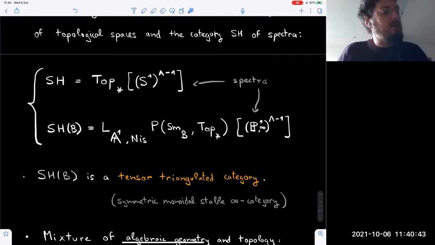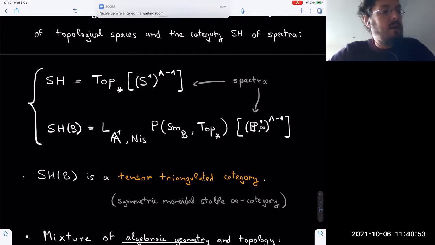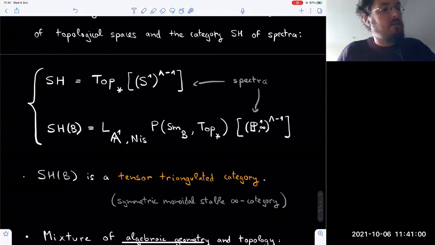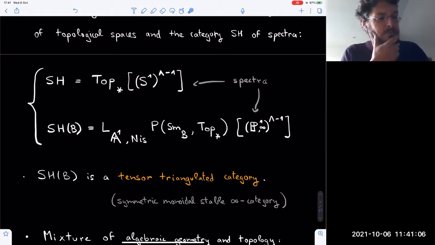On the category of pointed topological spaces, you have the smash product of spaces, and in particular you have suspension, which is the smash product with the circle. And to get the category of spectra, you make this suspension, the smash product with the circle, invertible, and this is what creates these spectra.